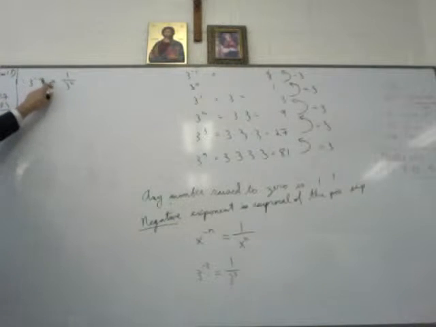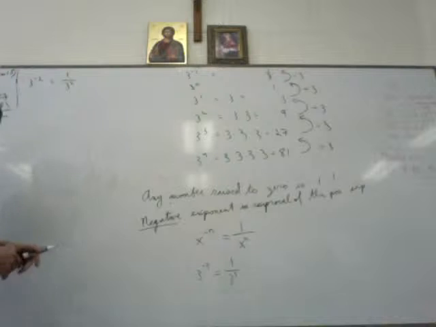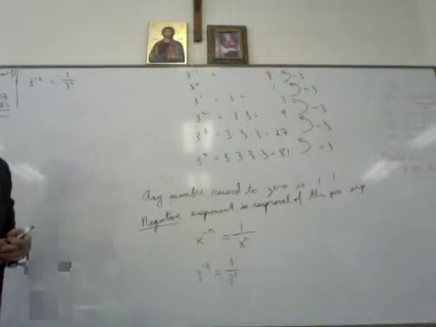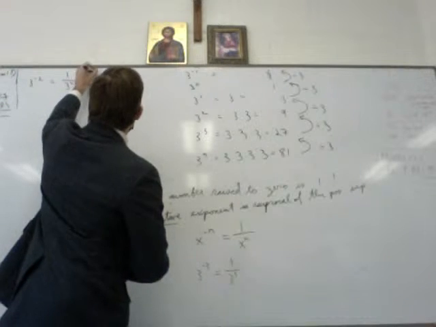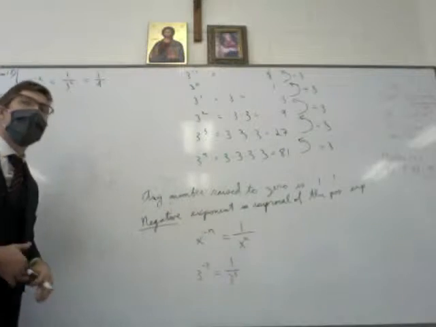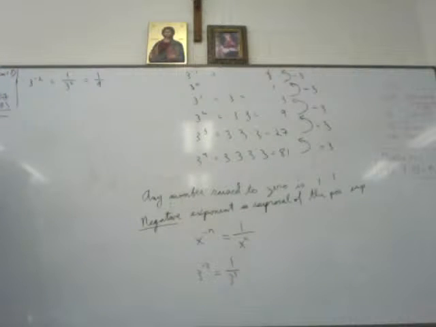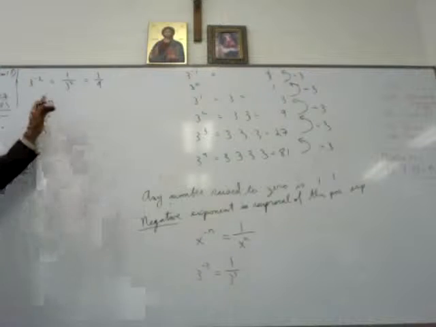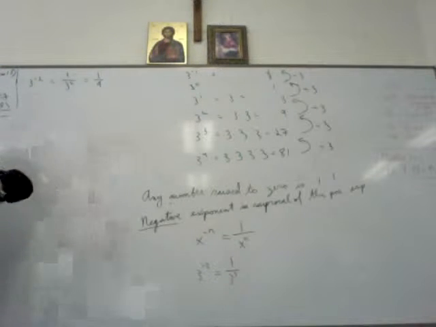So 3 to the negative 2, another way we could write that, which is usually, not always, but usually going to be more convenient, is 1/3 squared, or 1/9. You see how I did that? I said, I don't really like this negative exponent, so I'm going to move it to the bottom of the fraction, and then I just take this negative and make it positive.